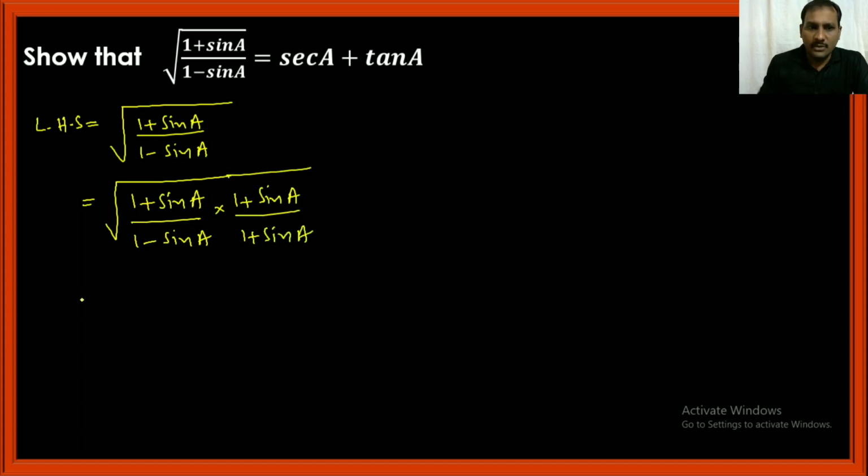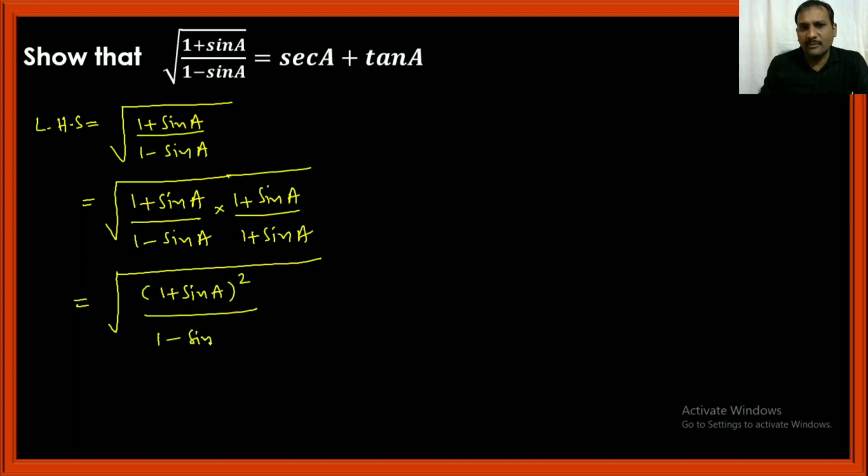Okay. So that is equal to, multiply numerator into numerator, (1 plus sin a) into (1 plus sin a), that is (1 plus sin a) whole square, by, in the denominator, (1 minus sin a) into (1 plus sin a), (a minus b) into (a plus b), that is a square minus b square, that is 1 square minus sin square a.